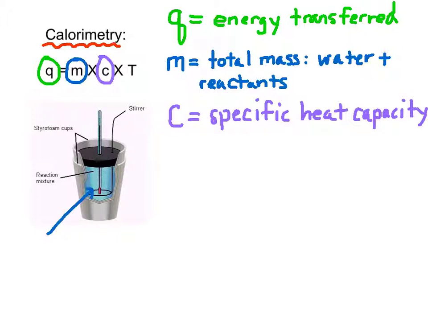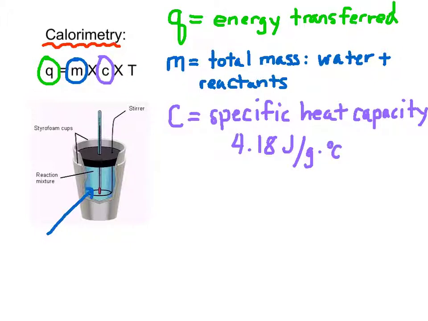So, for instance, we said that water has a very high specific heat capacity, and something like metal has a very low specific heat capacity. It's the energy required to change 1 gram of the substance by 1 degree Celsius. That's what we mean by specific heat capacity. For water, this is something you should know, it's 4.18 joules per gram degree Celsius.